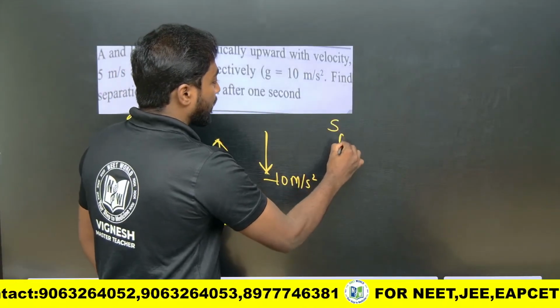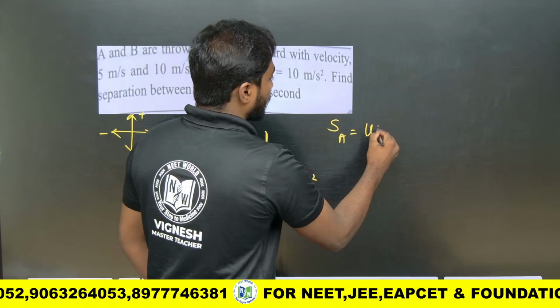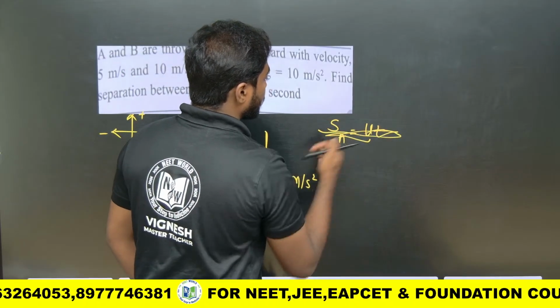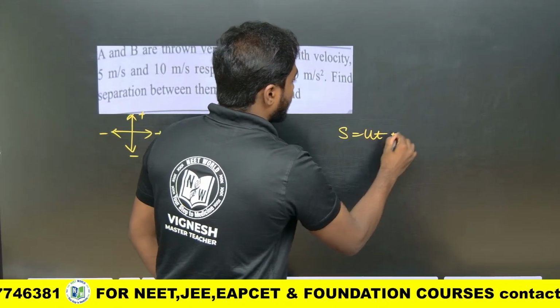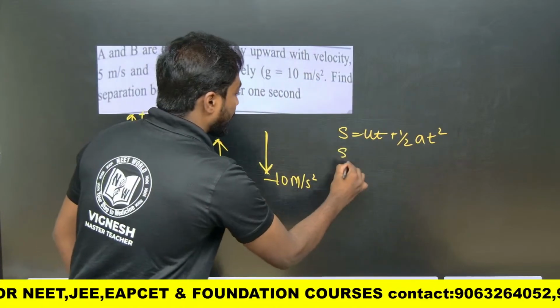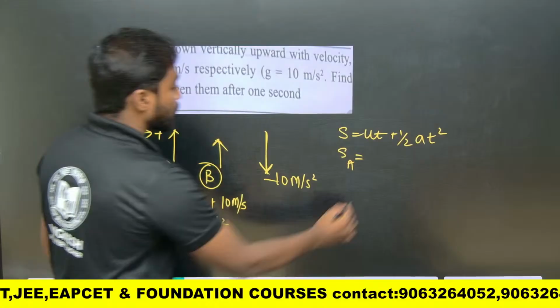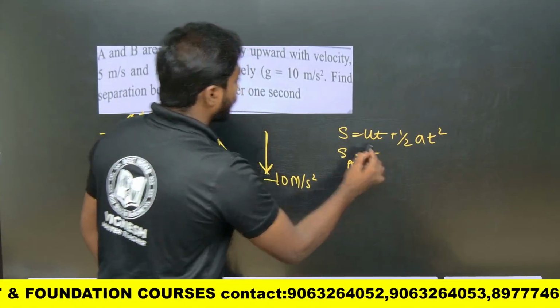So S is equals to UT plus half of AT square. So SA, position A, is equals to U. What is the velocity of A? It is 5. After 1 second they have said.